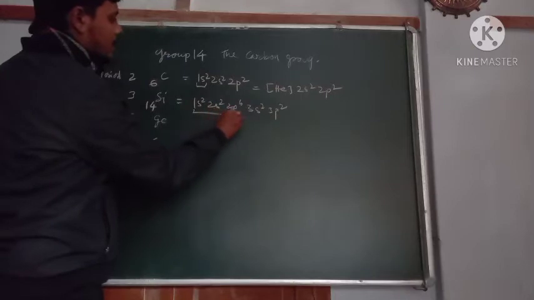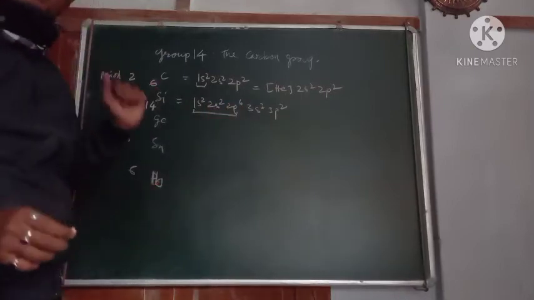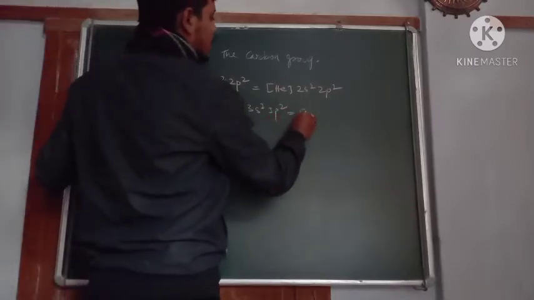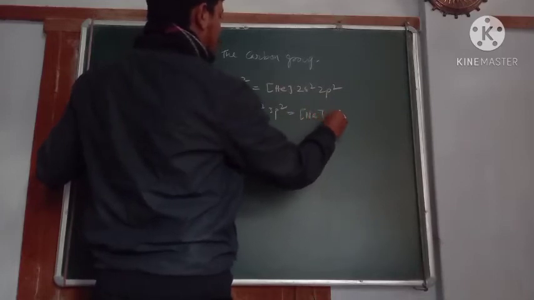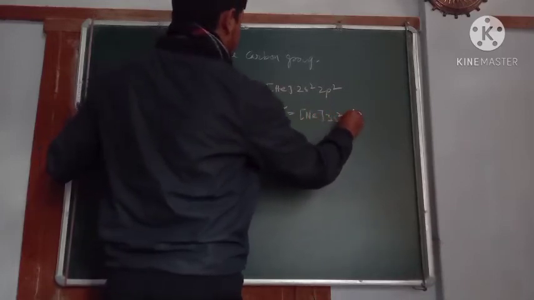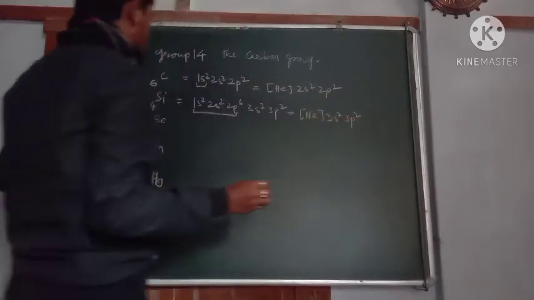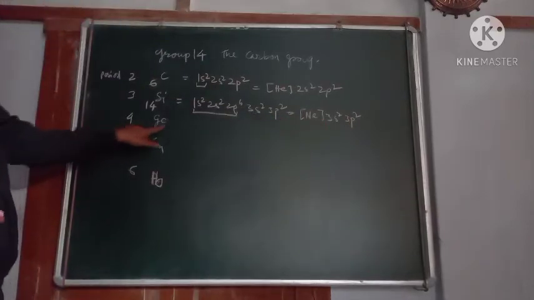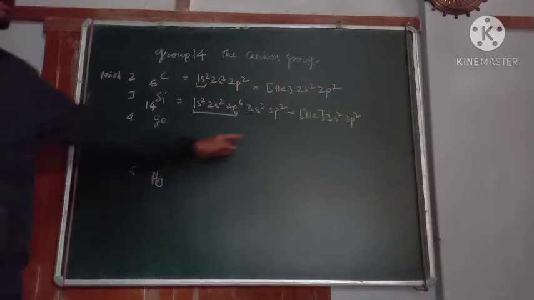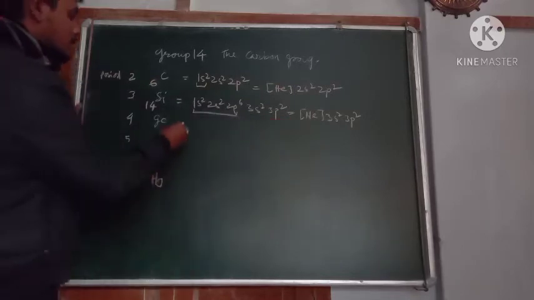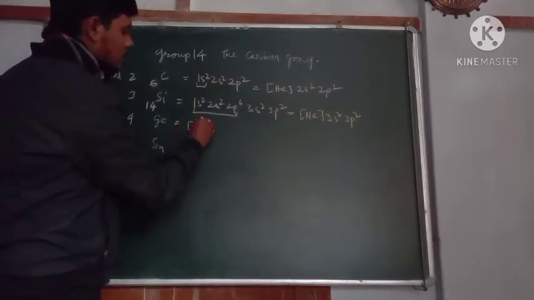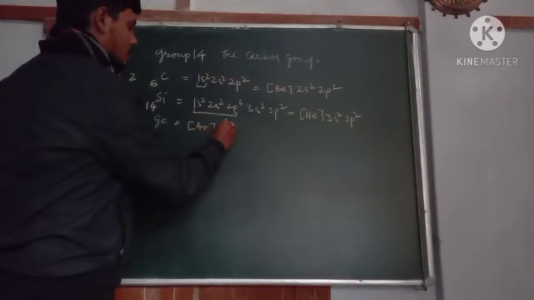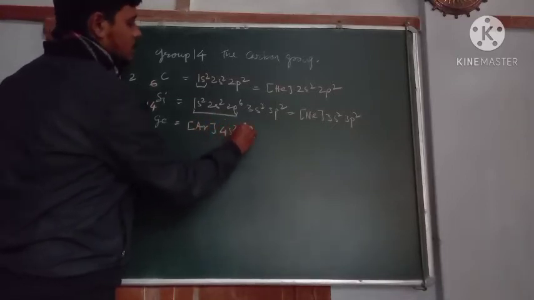So here 1s2 2s2 2p6 we have neon, that means I can write neon 3s2 3p2. Okay, so 3 is the third period, that means germanium is the fourth period. What is before it? Argon, that means it is argon 4s2 4p2.